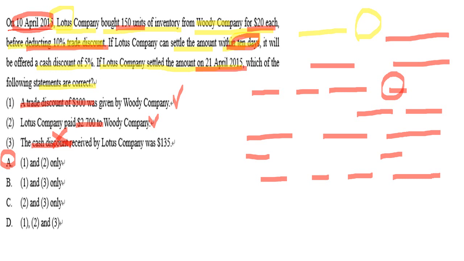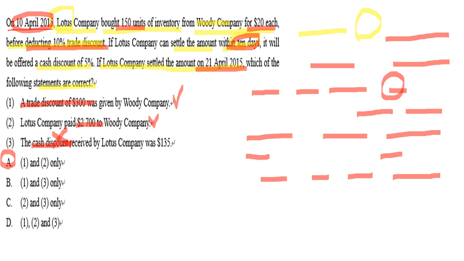If the company can settle early, it will be offered a cash discount, if the company settles the amount on the 21st of April, correct.